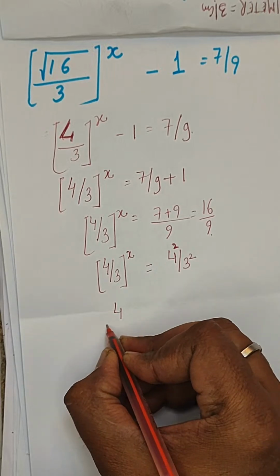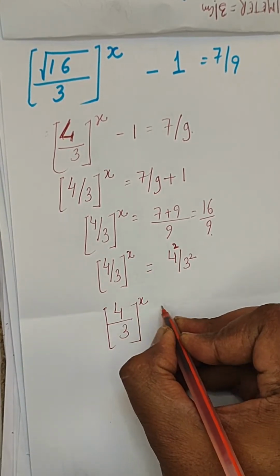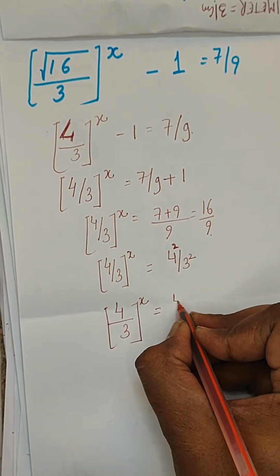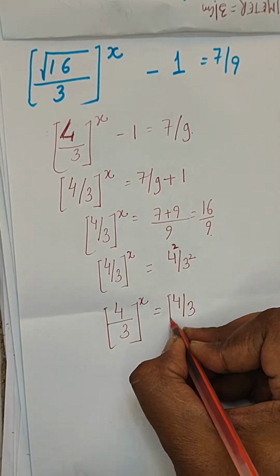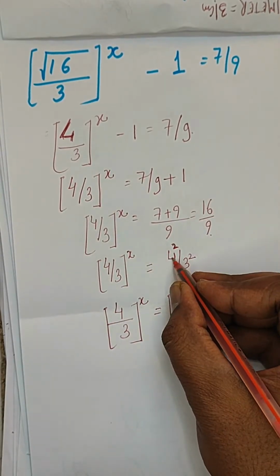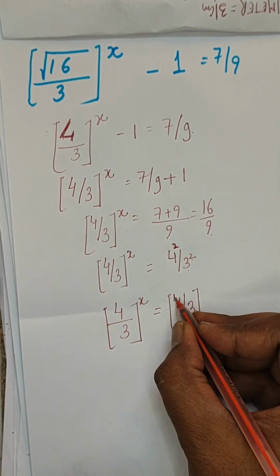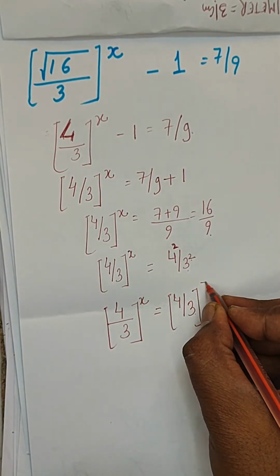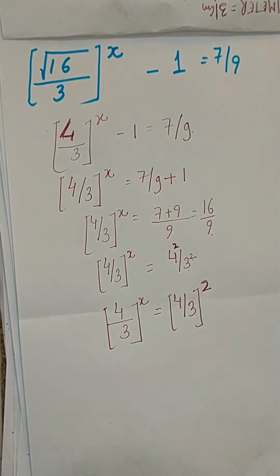Then in the next step, (4/3)^x can be written as, because it's a square of 4 and a square of 3, a square of 4/3. It's a square of 4/3, right?